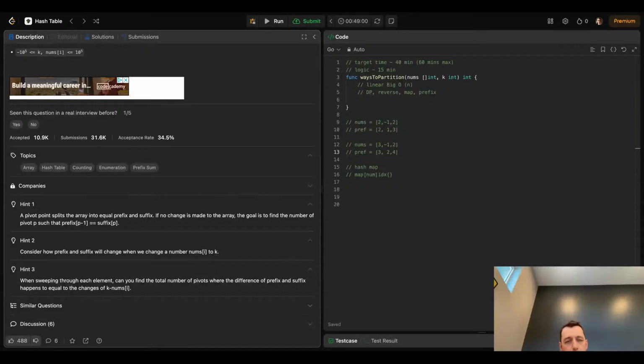Yeah, so when we can get the difference, to know how many total number of pivots where the difference of prefix and suffix happens to equal.